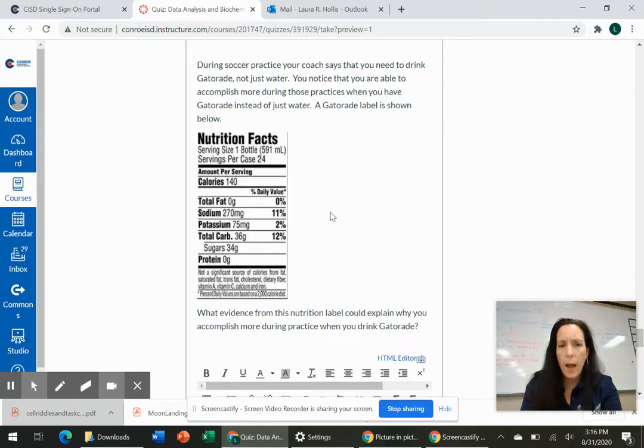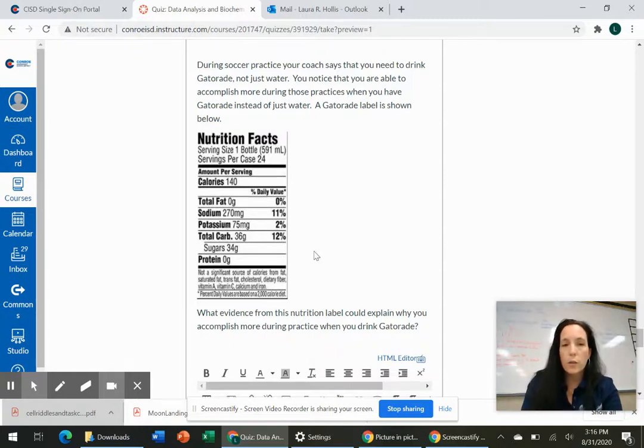So we're looking for fats. We're looking for carbs. What evidence from this nutrition label can explain why you accomplish more during practice when you drink Gatorade? Well, if you look here, you see that total carbs is 36 grams, and from those carbs, 34 grams are from sugar. That's quick energy.